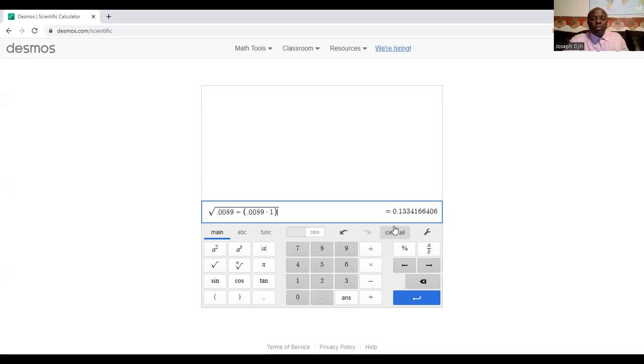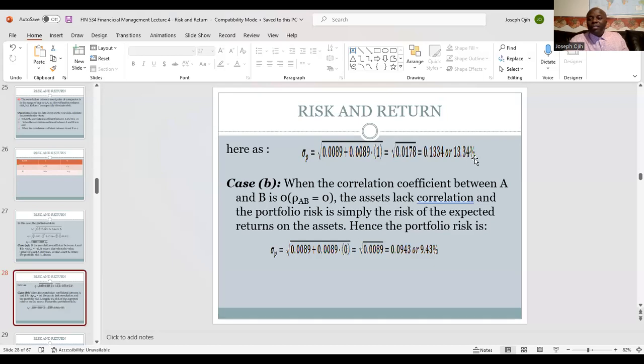That gives me 0.1334, which is a risk of 13.34%. So when we repeat the same process for case B, when the correlation is 0, we plug in 0. What we're going to get is 9.43%.